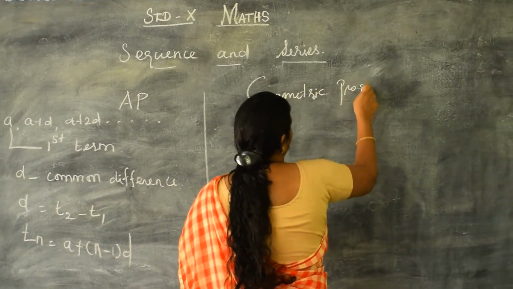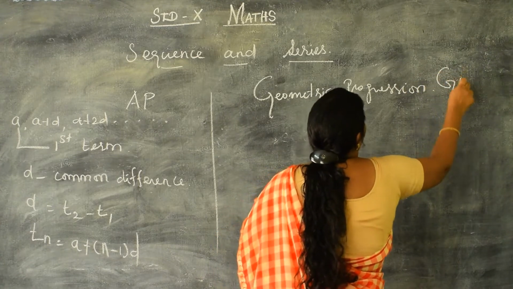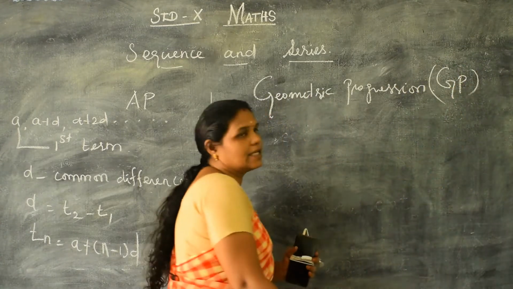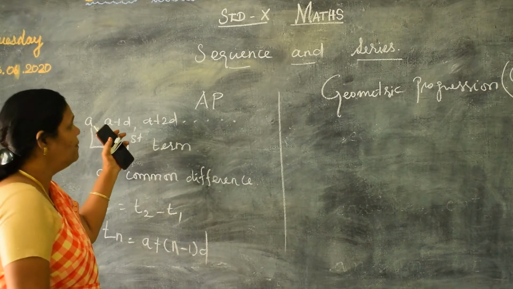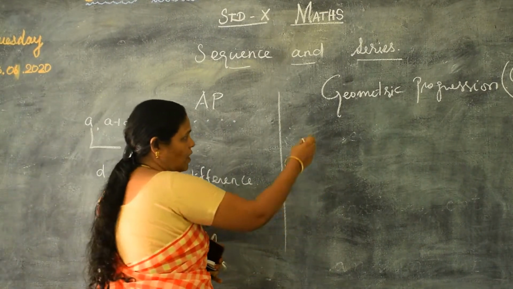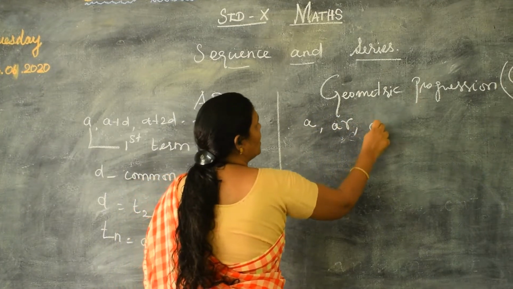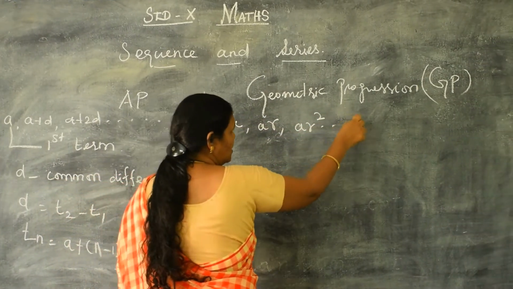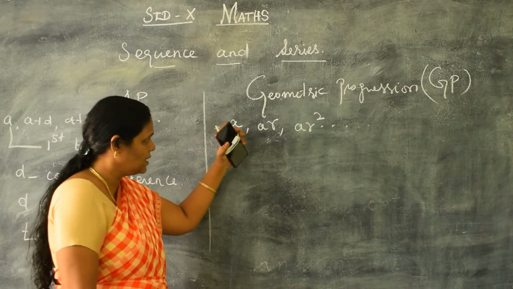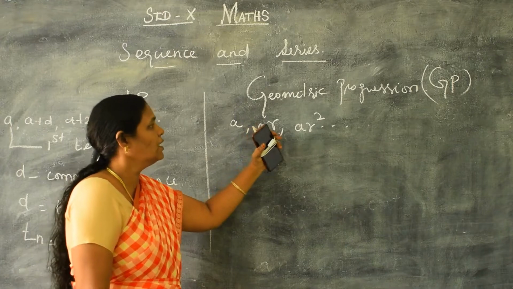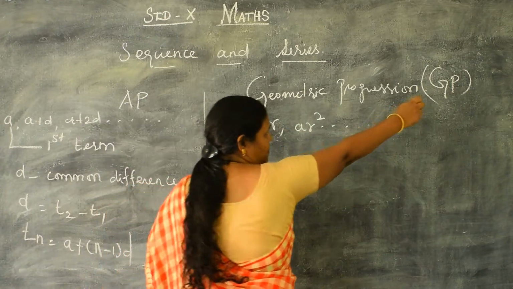As well as now we are going to see the geometric progression. It is denoted GP. As in AP, listen carefully, the numbers of the form A, AR, AR square are said to form GP.